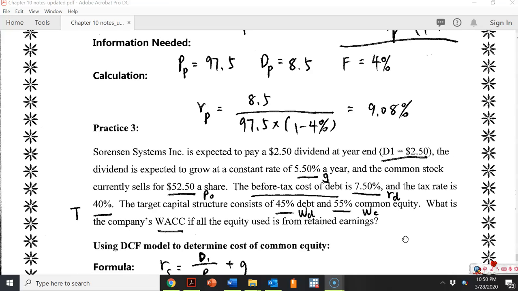If you need more time working on this question, you can keep pausing the video. Otherwise, we can proceed to look at the solutions.